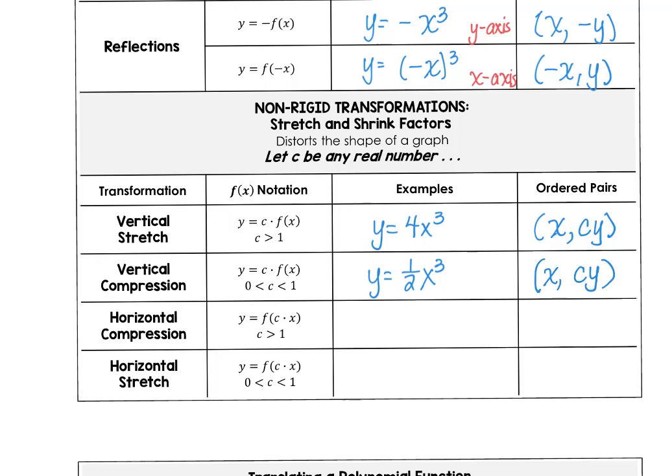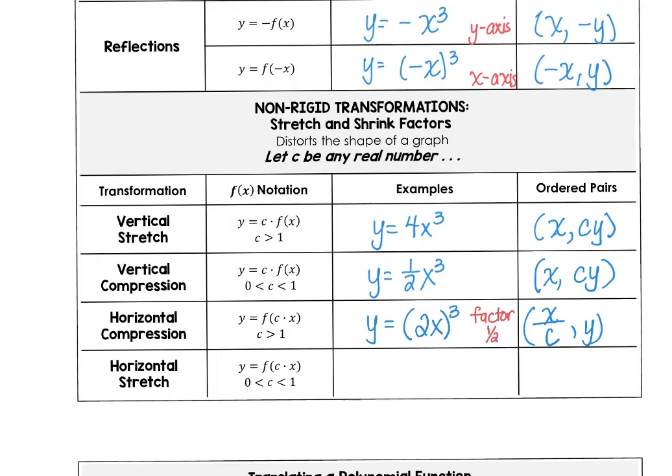When we have a horizontal compression and the constant is bigger than 1, let's say we have the quantity 2x cubed, we're dividing our x by the c value, which is 2, and keeping the y. So this is telling us I have a horizontal compression by a factor of 1/2.